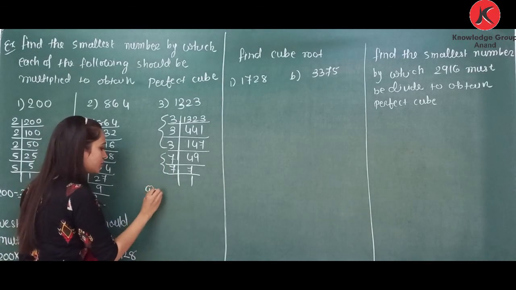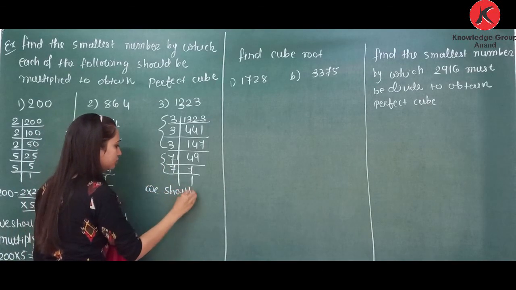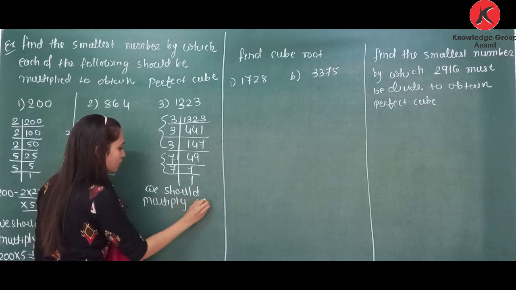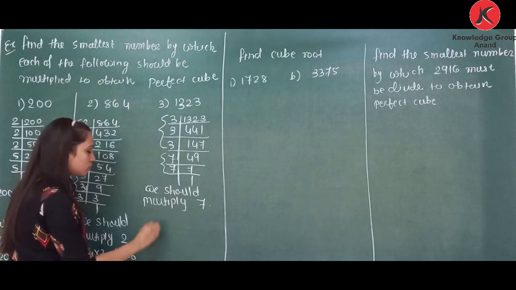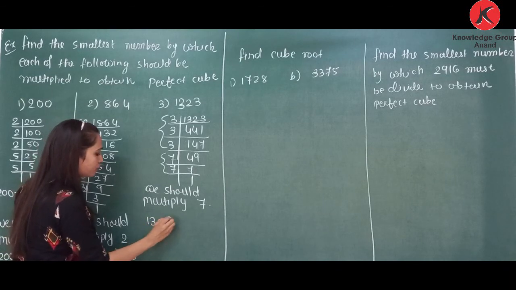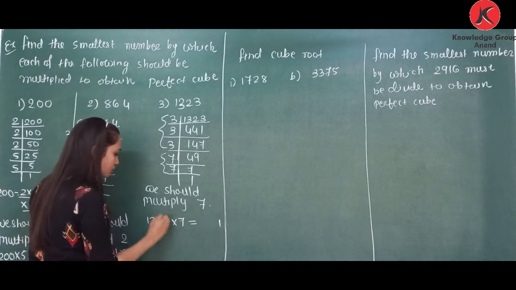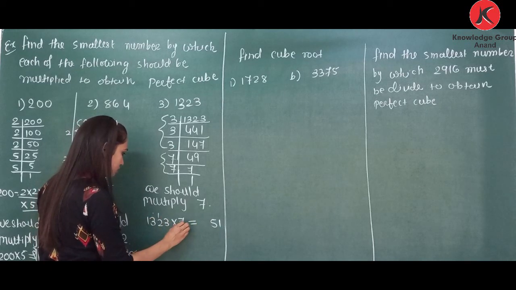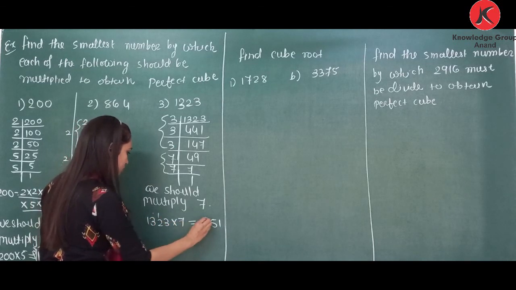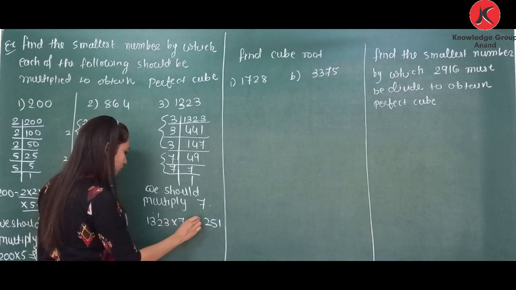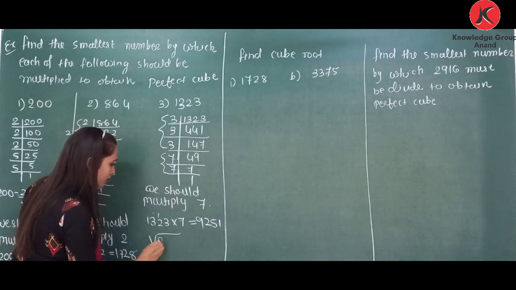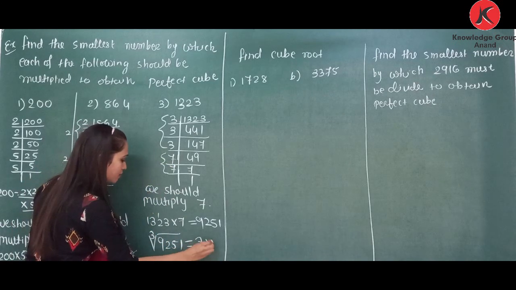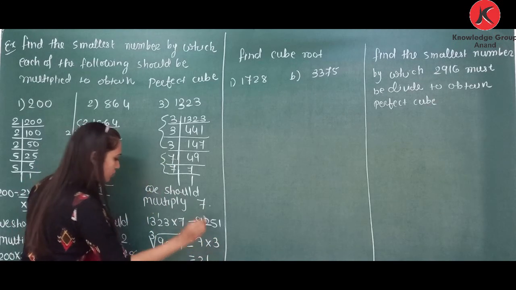So we should multiply by 7. And if you want to find the cube root of that number, multiply this with 7 and the product is 9261. So the cube root of 9261 will be 7 multiply 3, that is 21.